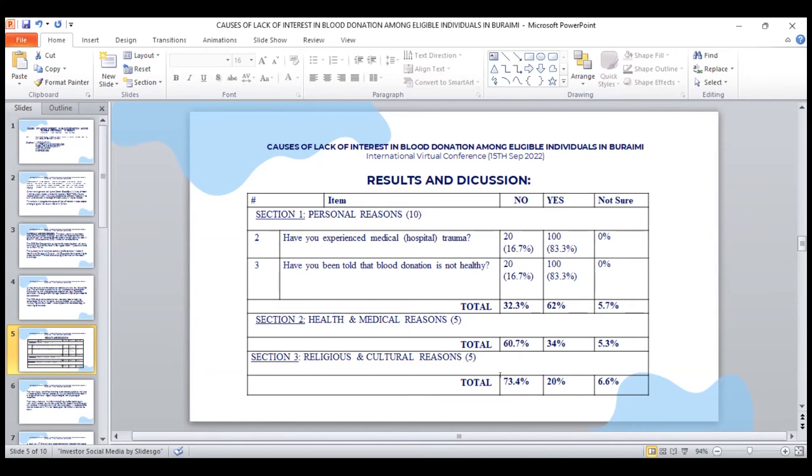We asked them, do your family, your friends, or your religion prohibit you from donating blood? The majority, at 73.4%, say no. Clearly, from the results of the three sections, personal reasons are the cause of the lack of interest in blood donation, and health and medical as well as religious and cultural reasons are not an issue for the respondents.